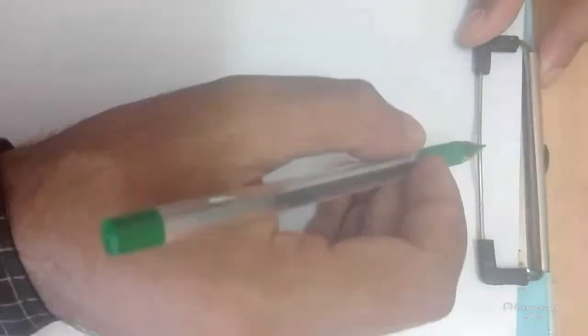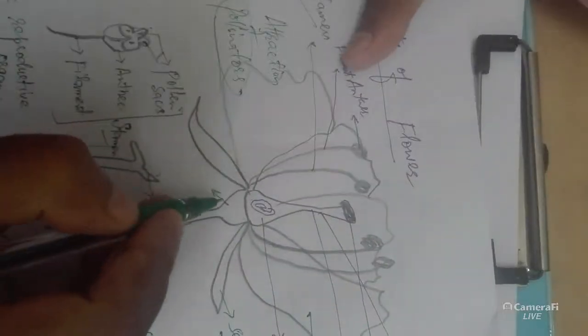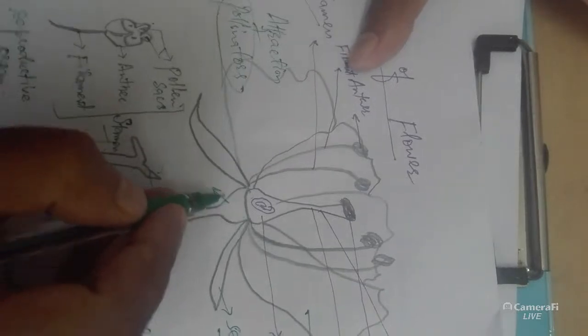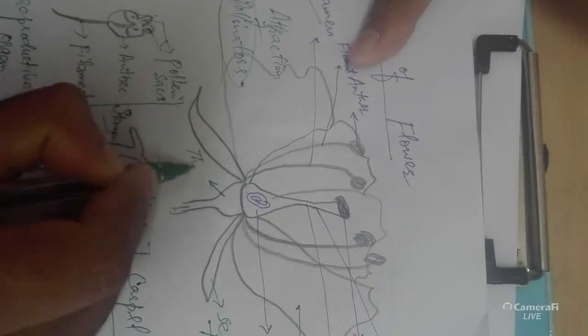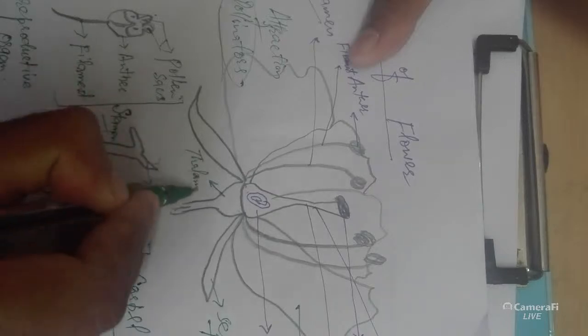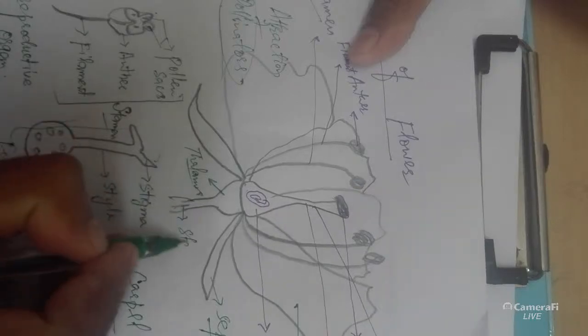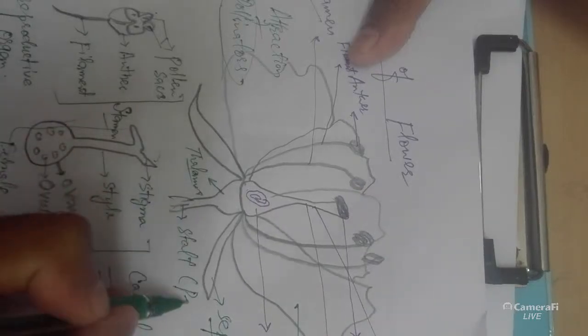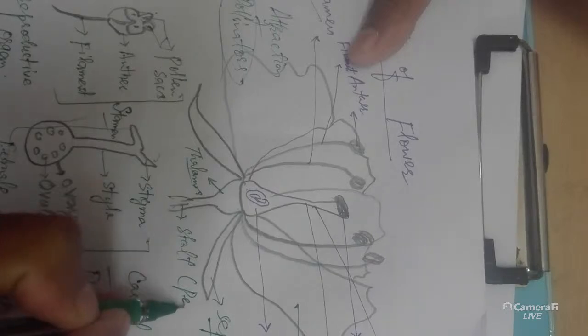Then one more thing we are forgetting: what is this part called? It is the pedicel. This is the thalamus, and this is the stalk, which we call the pedicel.